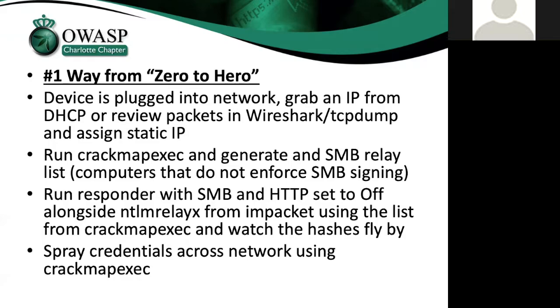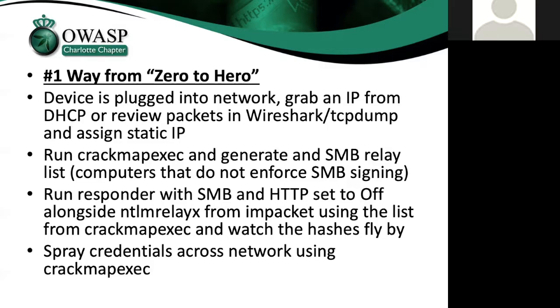Sometimes we'll get a static IP ahead of time, sometimes we don't, and we'll just hope that they are DHCP. If they don't, we also provide an out-of-band connection, typically over 4G, so just in case we can't get an IP initially, at least we can get to our quote-unquote drop box on the network.